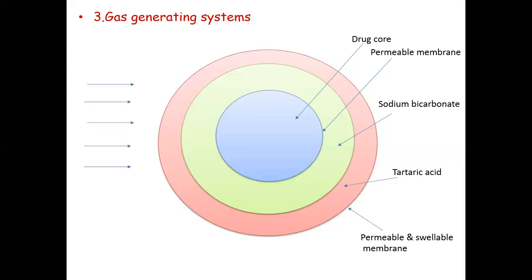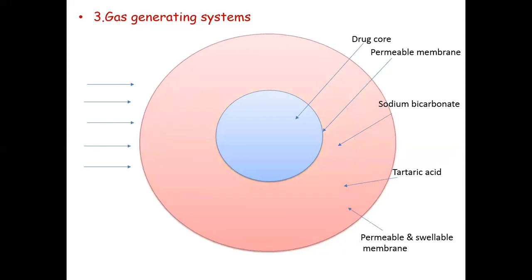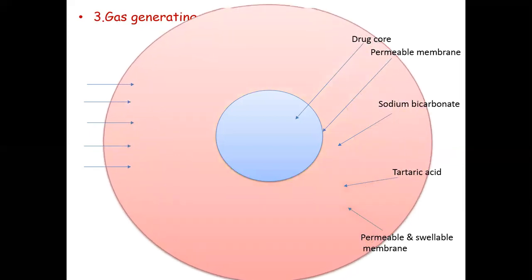Once your dosage form comes in contact with the gastric juice, the sodium bicarbonate and tartaric acid will react to form carbon dioxide. Now, as carbon dioxide is being formed, it is a gas, this system will inflate.